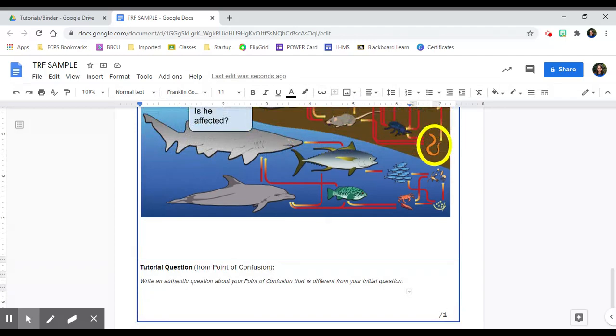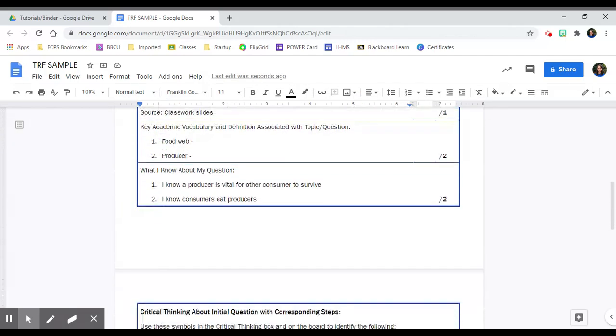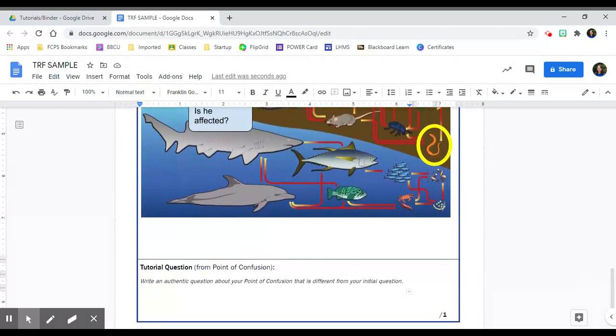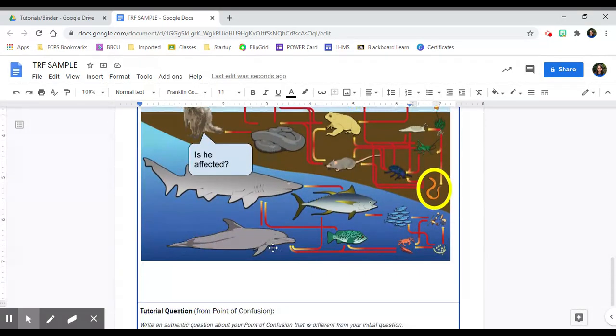So my tutorial question is, now that I've done all this thinking, now that I've thought through all this stuff, my initial question was, let's see, what was it? How would the food web change if a producer was removed? So let's say I know that the bug and the rat and the frog are going to have a little less to eat.